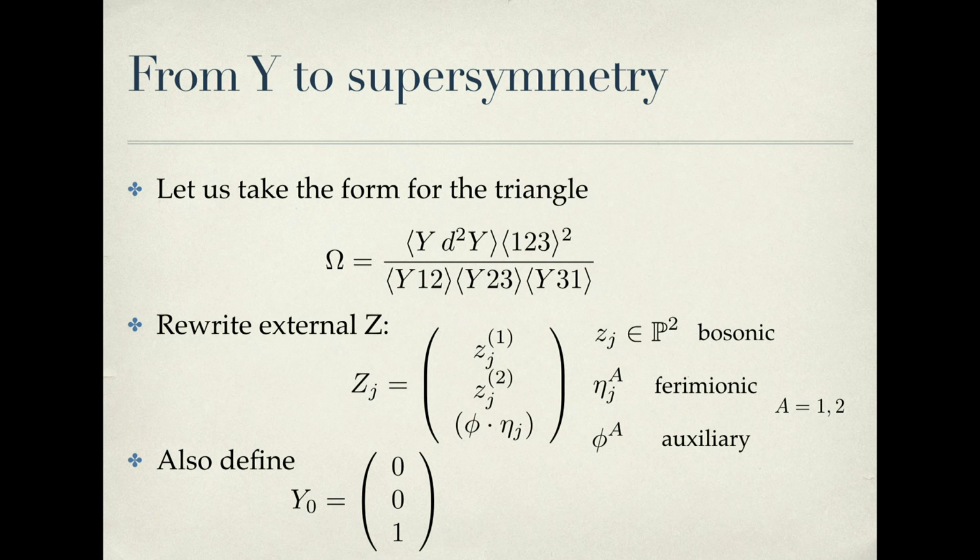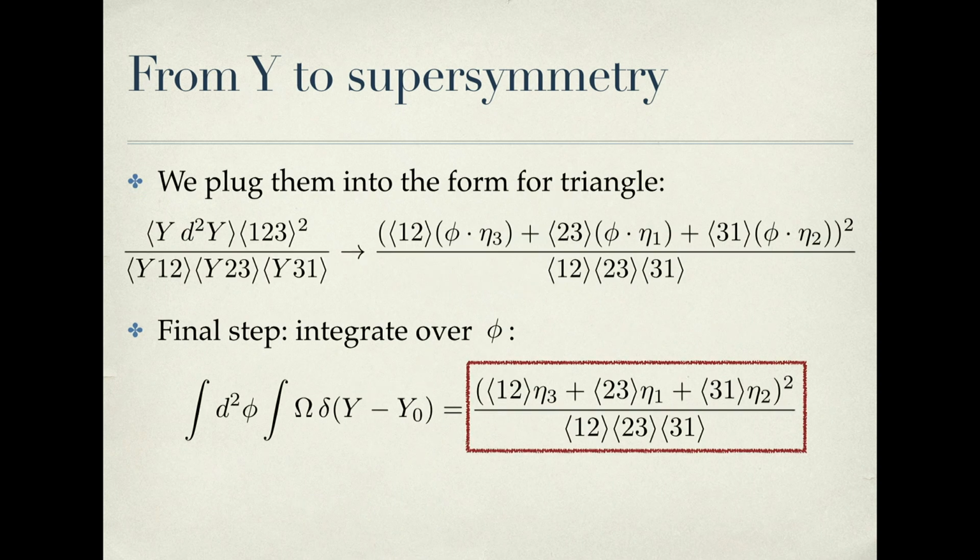And the other one is some auxiliary variable. Anyway, then I define Y0 to have 0, 0, 1 only in this third component, which is a product of 2 fermions. If I do some integration over this auxiliary variable, I localize Y to Y0, and I get a function which now doesn't depend on Y, but is supersymmetric.